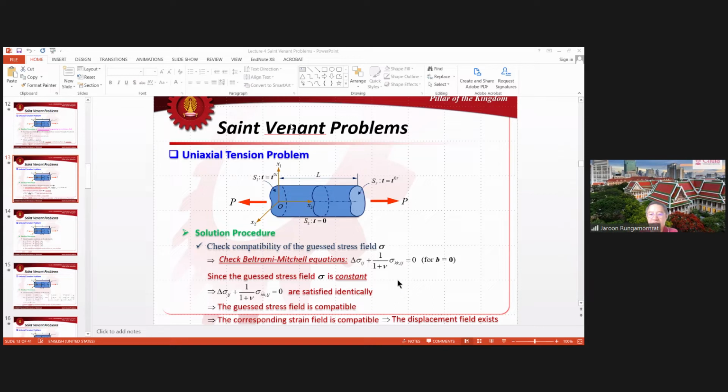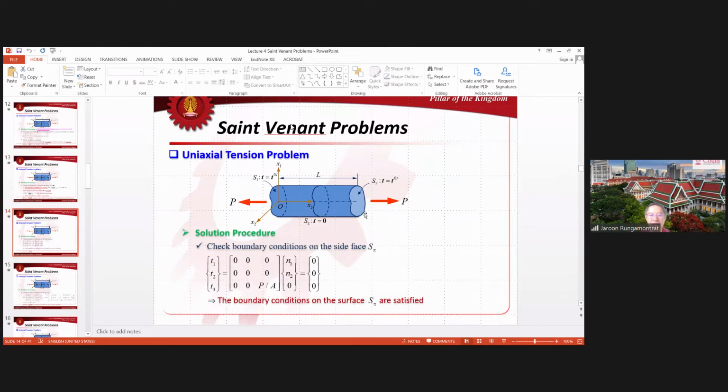So that confirms the existence of the displacement field, right? So now for this stress field, we checked the equilibrium condition and also the Beltrami-Mitchell equation, so that guarantees the existence of the displacement field. So now we have all fields, and we can say that the fields that we got satisfy all field equations. Okay, so it still remains to check the boundary conditions.